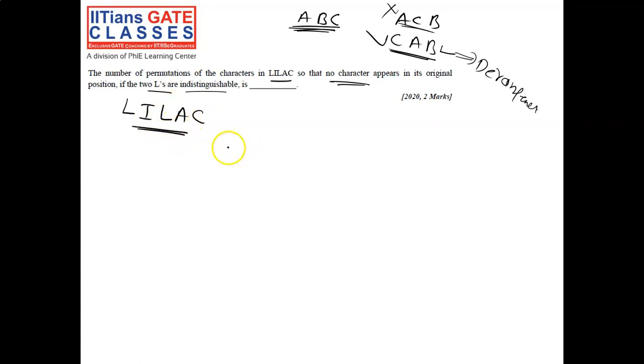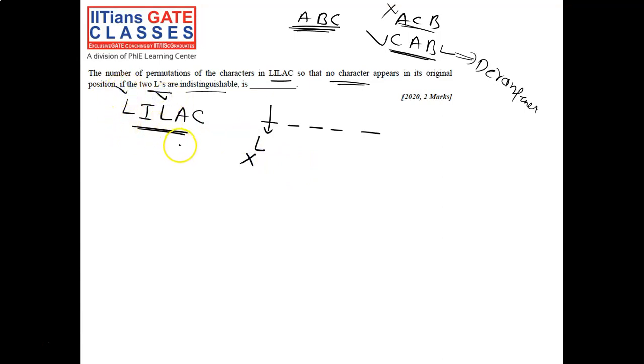So let's solve it by our intuitive method. Because these L are identical, in any word that we want to make, in which no character appears in its original position, remember, in the first position L cannot appear. Why? Because the original positions of L are first and third.